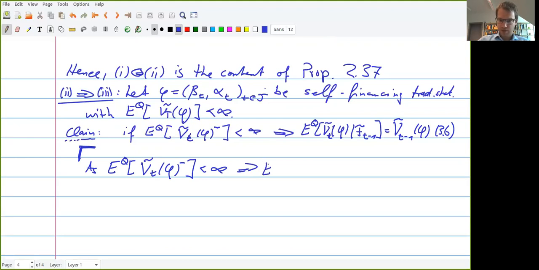We know that the conditional expectation, even if we are at least not yet clear that this is an integrable random variable, is well defined, because we have a bound on the negative part.